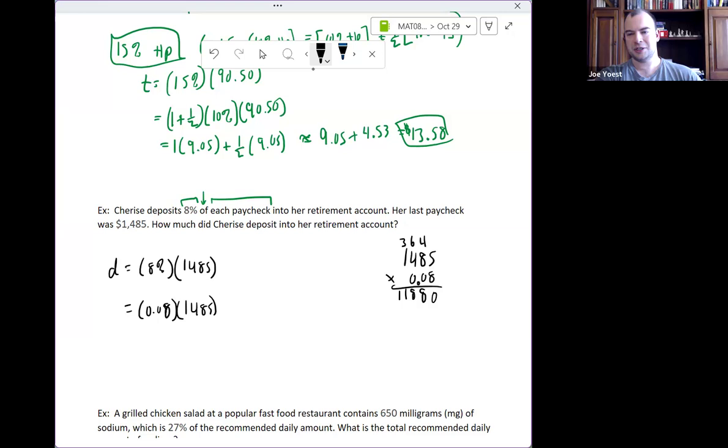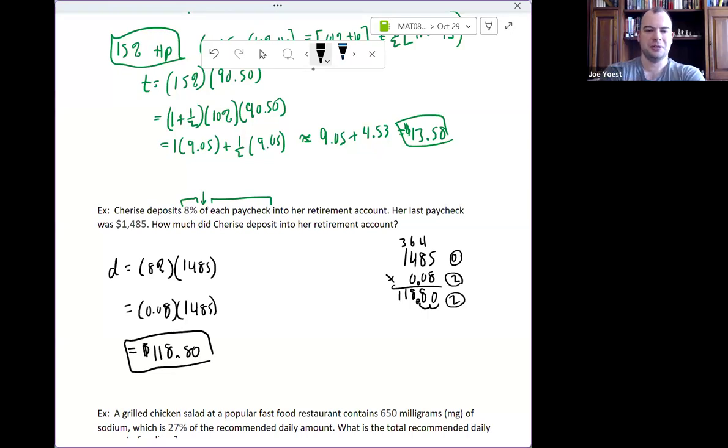And then I have to insert the decimal point. I have 0 decimal places in 1,485. I have 2 decimal places in 0.08. I need 2 in the answer, 1, 2. So this should be $118.80.